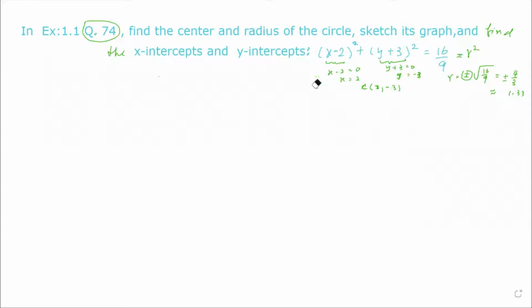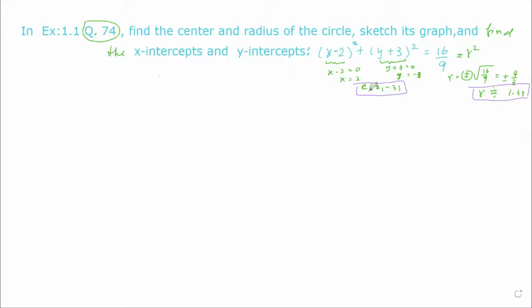So no minus. Okay, we take only the positive value. That means we now get r equal to approximately 1.33. Okay, so now we have the center, we know the radius. Now we start to plot the graph.